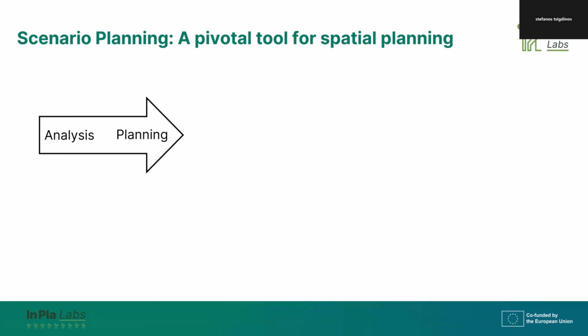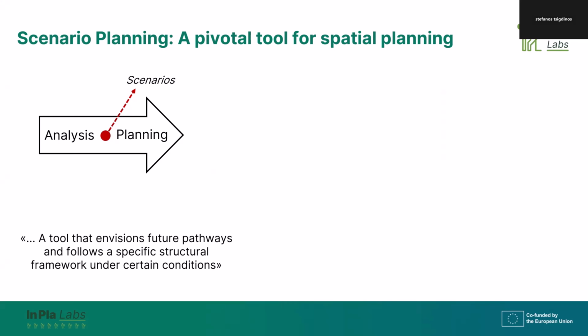And what we mean by scenarios is not new, but a very essential step in planning. We have analysis, okay? And the traditional step was just to plan. We analyze something and then plan it. But what we miss is this link, the link of scenarios, the link of different perspectives, different pathways in the future.